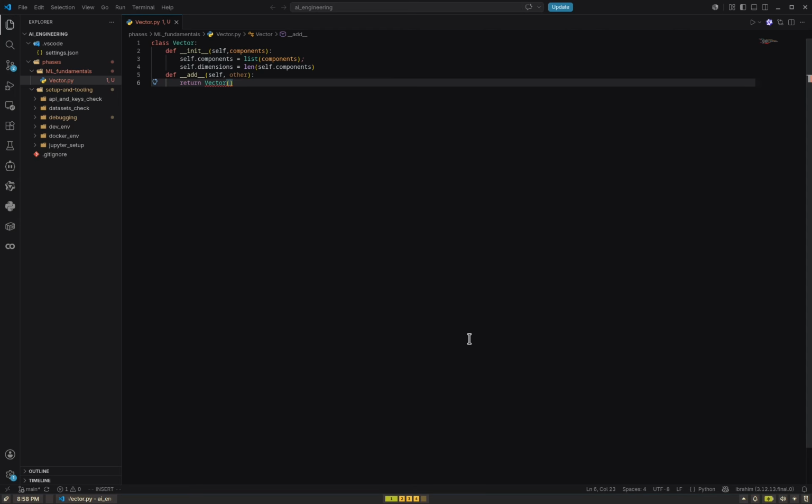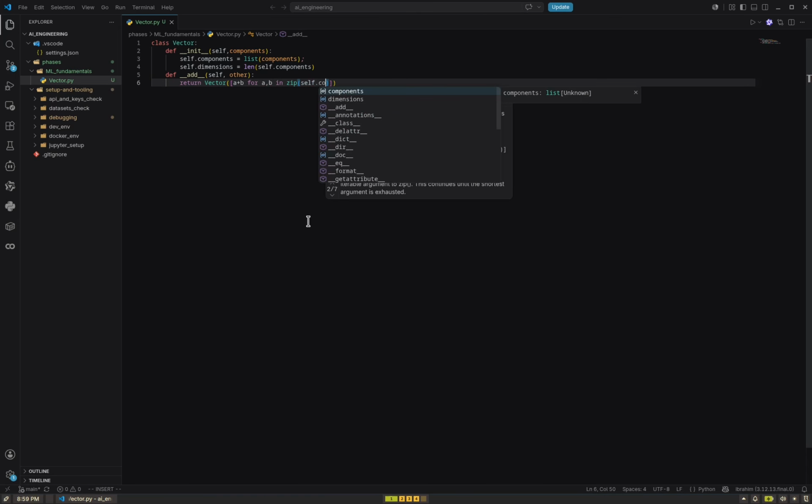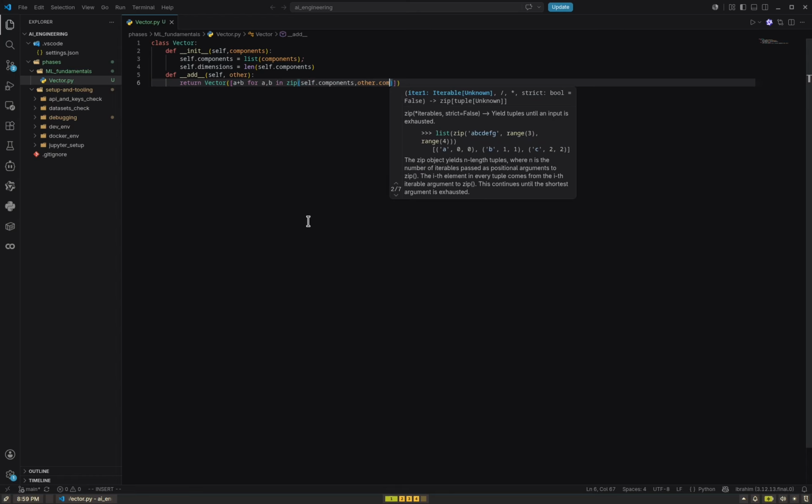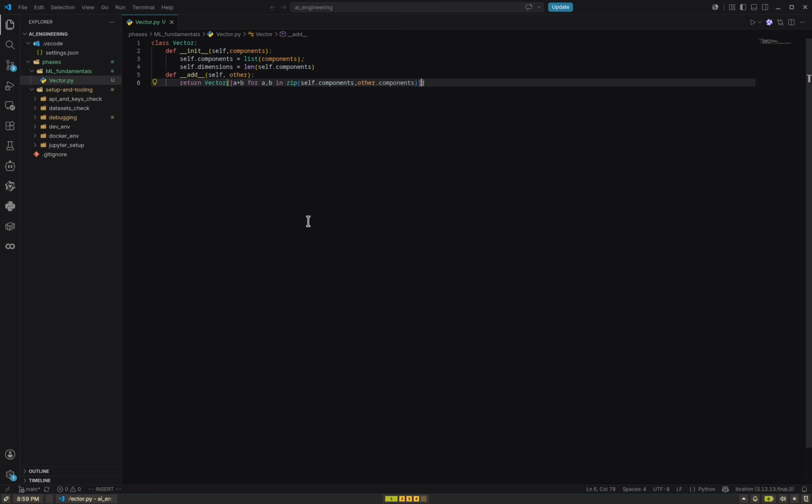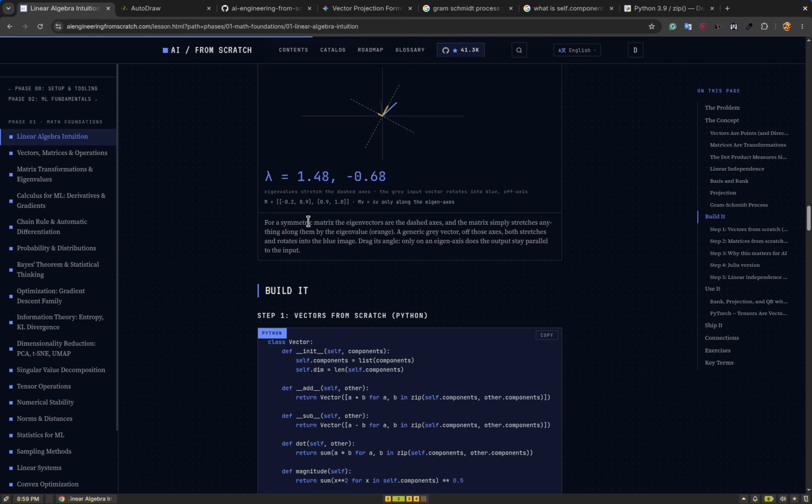Okay, so return the vector, where it's essentially a list. I think this is correct. It adds A and B, but it returns a list.